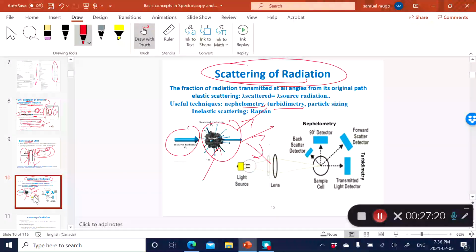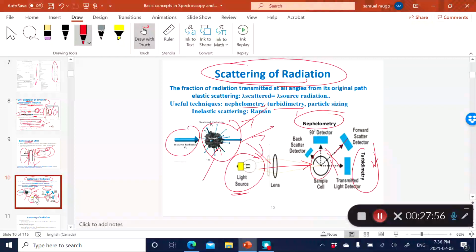The way it works is you just shine light through the sample in a cuvette. If you've got a lot of dissolved solids in it, of course, you're going to get the incident beam being scattered by the particles present in the sample. Now, the difference between nephelometry and turbidimetry is all based on the positioning of the detector relative to the incident light source.